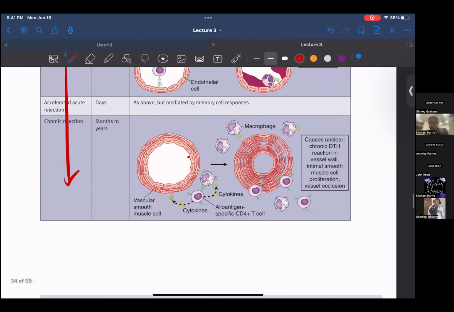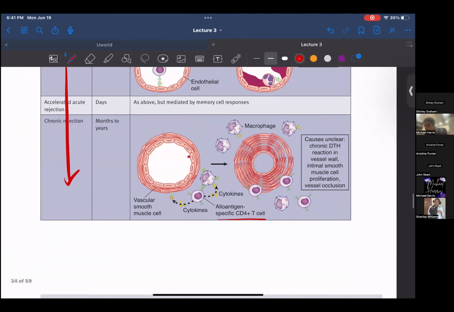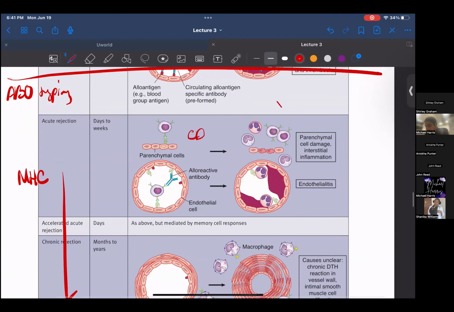Now, the next one being chronic. In this one, you're essentially having a breakdown of, once again, these T cells doing the same thing, right? So you have CD4 cells, the more prominent ones, while in this one, it's more CD8 related. CD4s can be present in here, but it's more CD8 related.